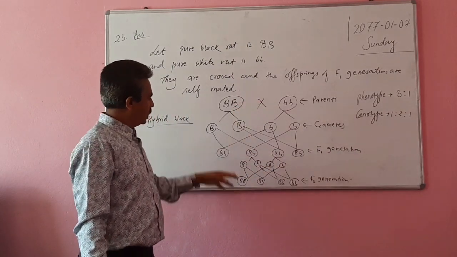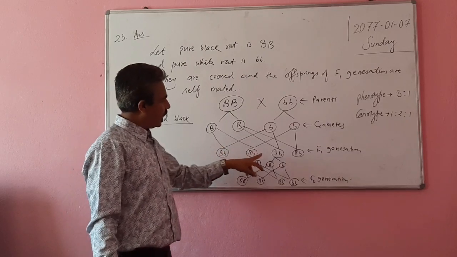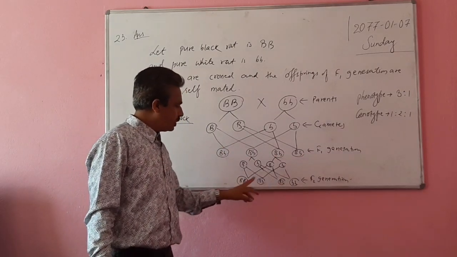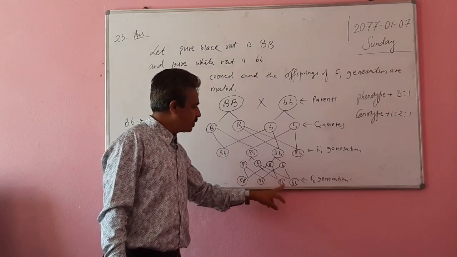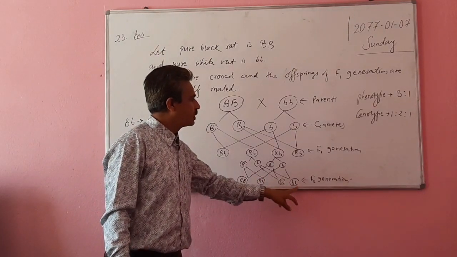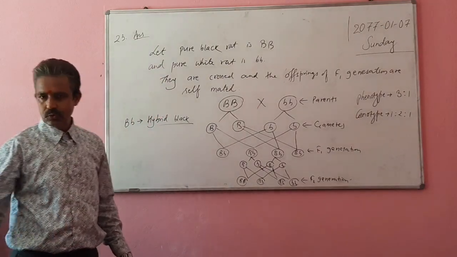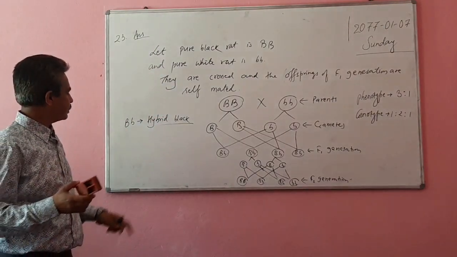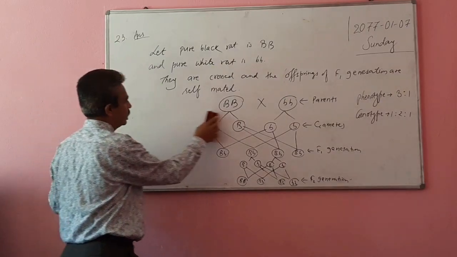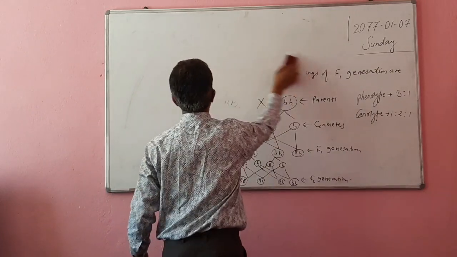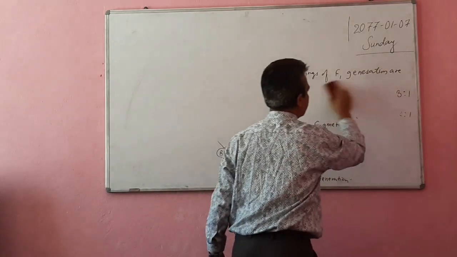You'll get here hybrid black, but here pure black, hybrid black, pure white. Phenotype 3:1, genotype 1:2:1.